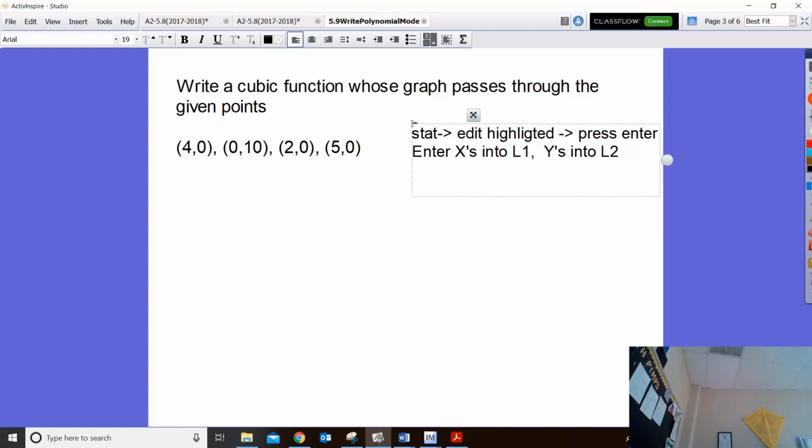After we're done with that, this is a cubic function. Notice it says cubic function. We're going to do stat, calc, cubic reg, which stands for cubic regression.